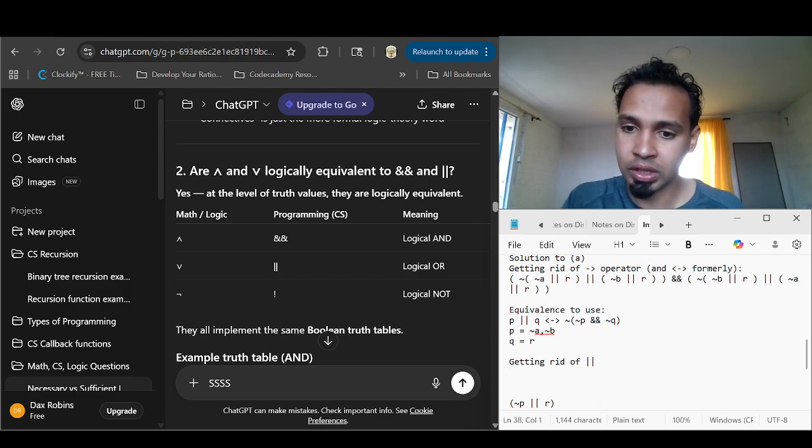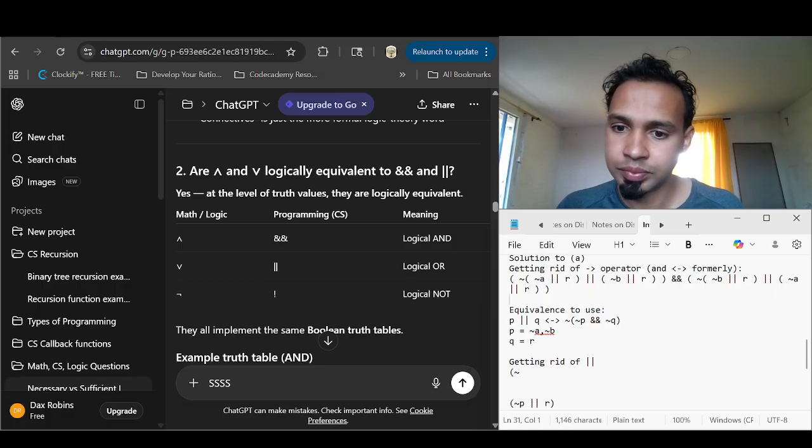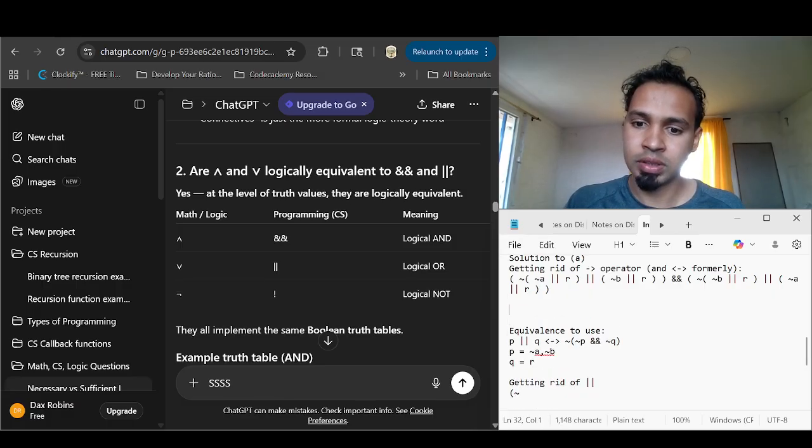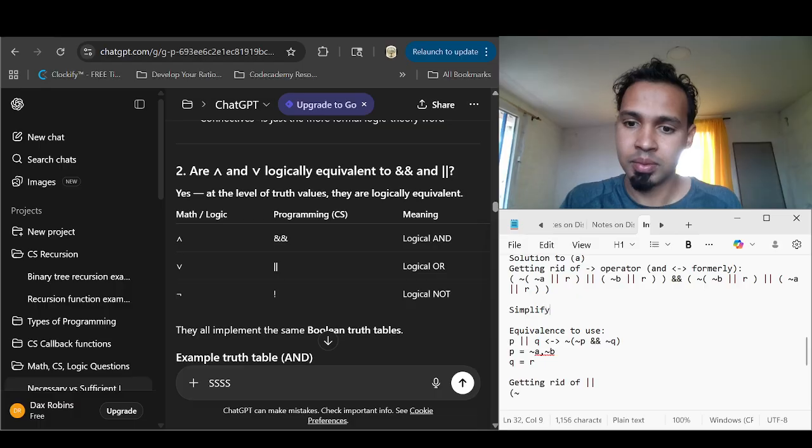So I'm going to do the first layer. I'm thinking we'll go ahead and simplify in advance. We're going to simplify nots.